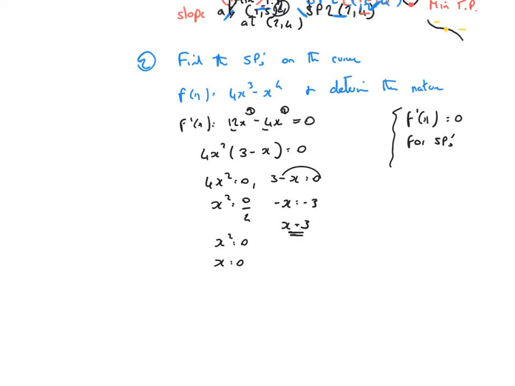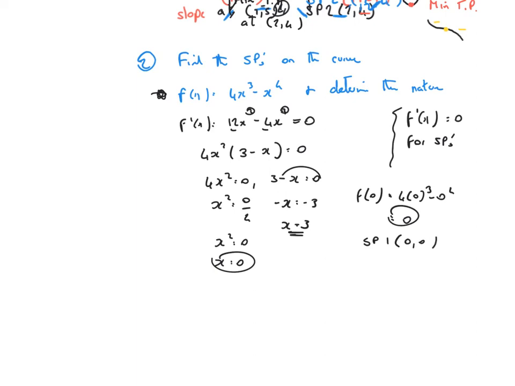Okay. Now let's go after the y coordinates for the stationary points. Let's go into the original function to get the y coordinate. Let me sub in 0 to get going. So it's going to be 4 lots of 0 cubed minus 0 to the 4. That's 0. So stationary point 1 then is 0, 0.